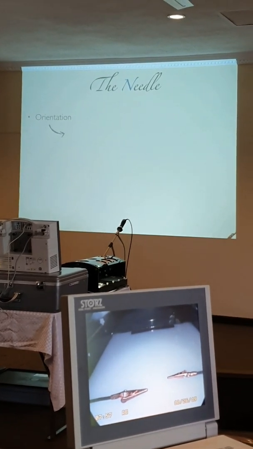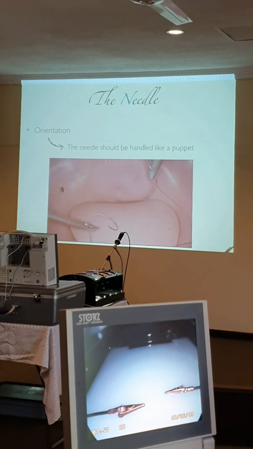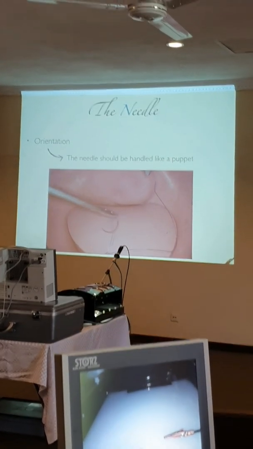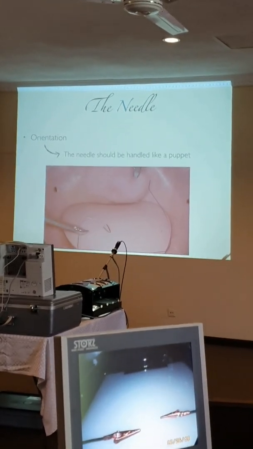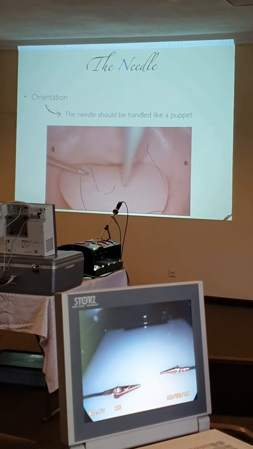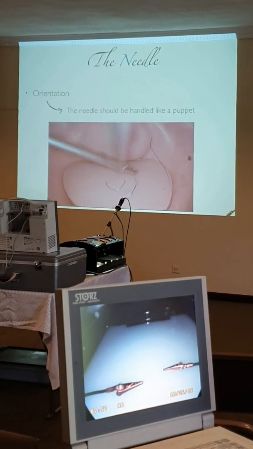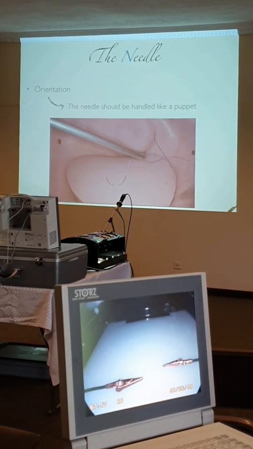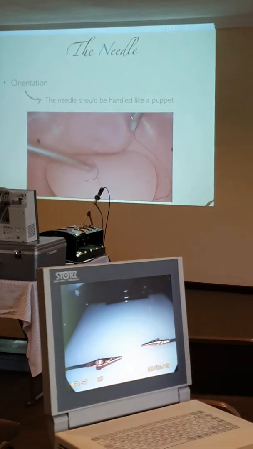And the orientation of the needle. The needle should be handled like a puppet. Look at the video. You can pick up one diameter or 1/2 diameter of the thread with the same size as the needle, and you can puppet the needle one more time.